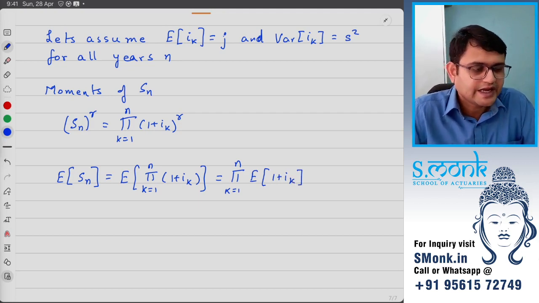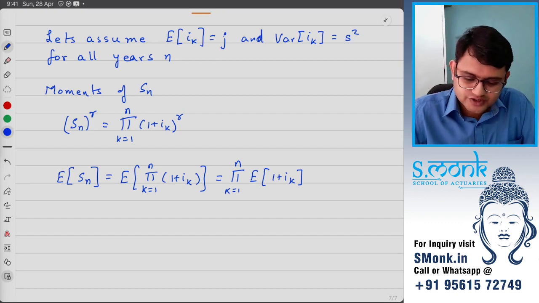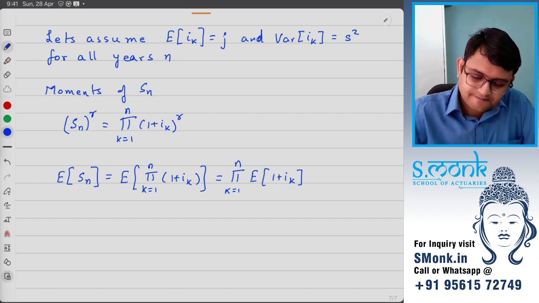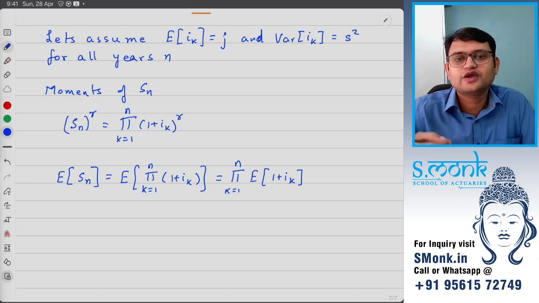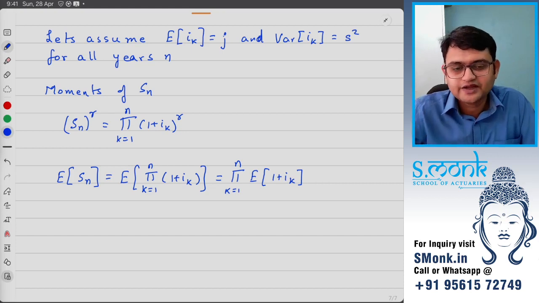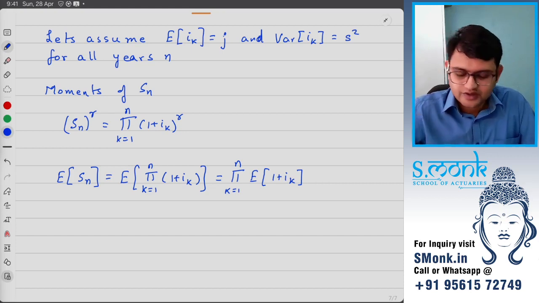Then for 1 plus IK, we know the expected value if we have a constant added or subtracted.